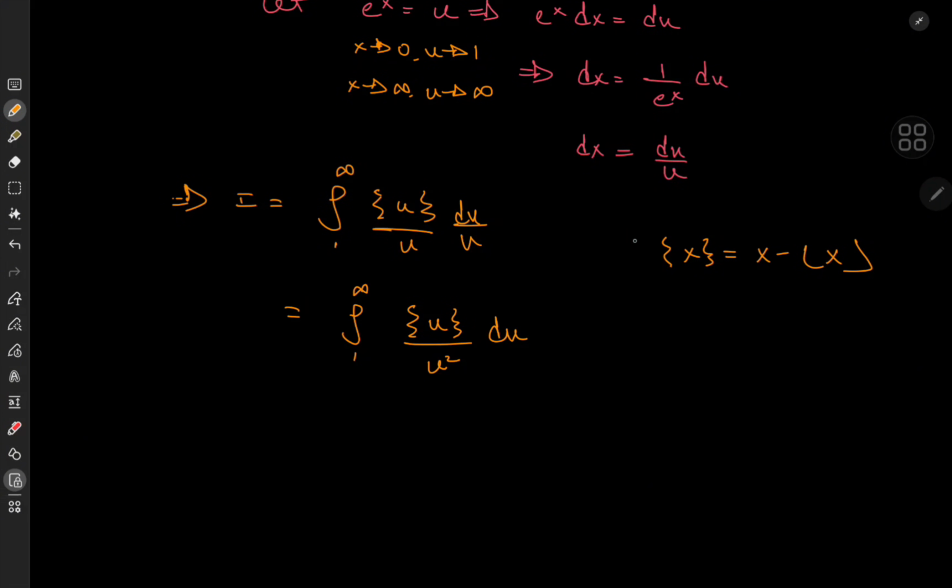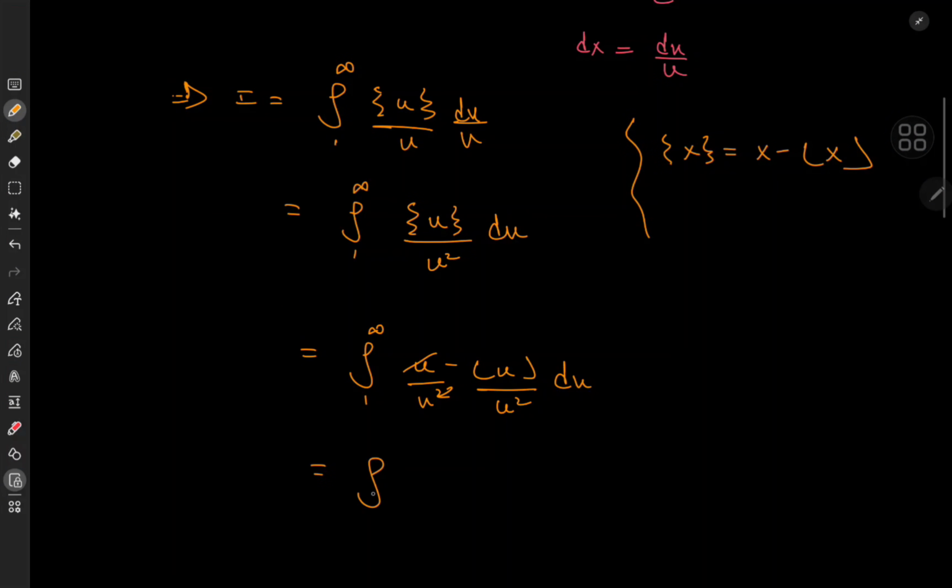Okay, cool. So let me just highlight this separately, and we'll write this out as the integral from 1 to infinity. Fractional part of u turns into u minus the floor of u, and both are divided by u squared, so I will have some cancellation taking place, and we're left with the integral from 1 to infinity of 1 over u minus floor of u over u squared du.